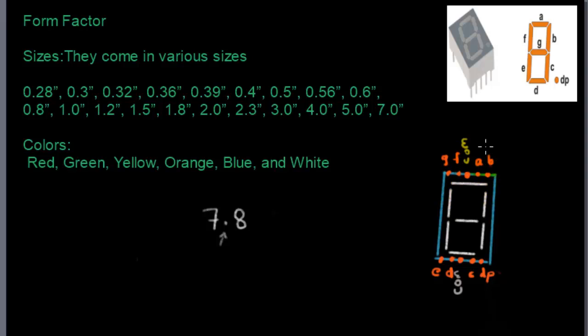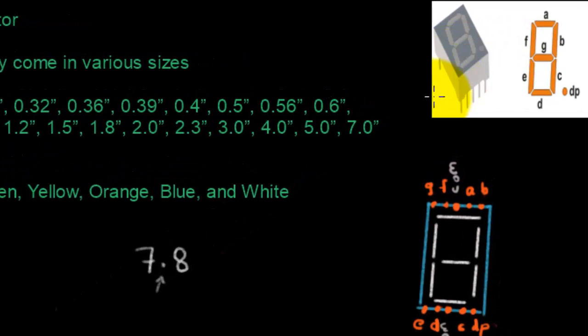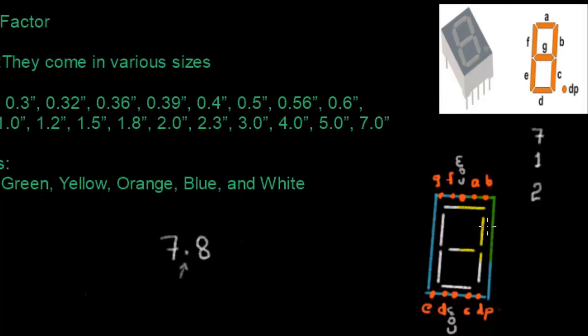If this is the top side of this 7 segment, then the first pin is G, F, and there is a common pin, and then there is A, B, C, D, E, and this is the decimal point, and then again there is a common pin. So what we have is there are 7 pins for the 7 segments, there is 1 pin for the decimal point, and there are 2 common pins. Now we'll go ahead and look at what these are.